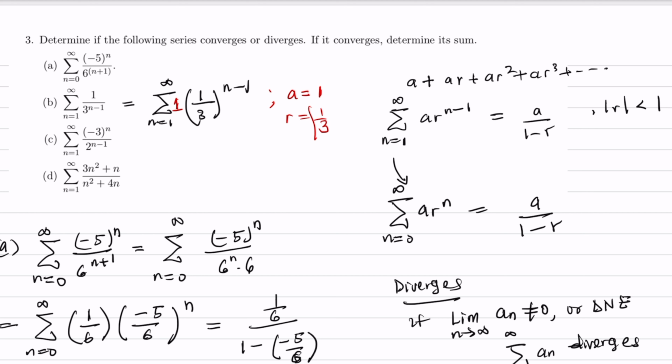So if you take the absolute value, r is less than 1, and you can conclude that it converges, right? Now, if it converges, what is the sum of this series? You can use this expression over here, which is just a, that's 1 divided by 1 minus 1 over 3, because your r is 1 over 3. And I'm sure that this is going to be 3 over 2.